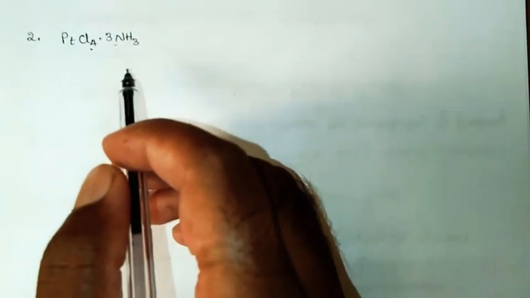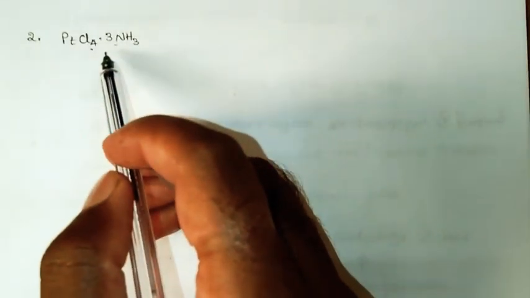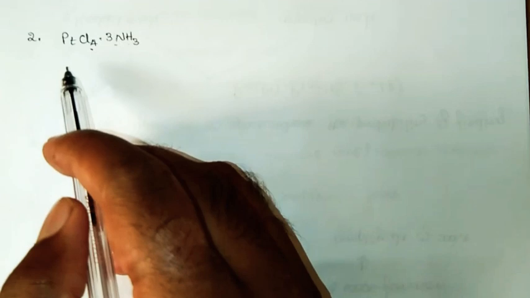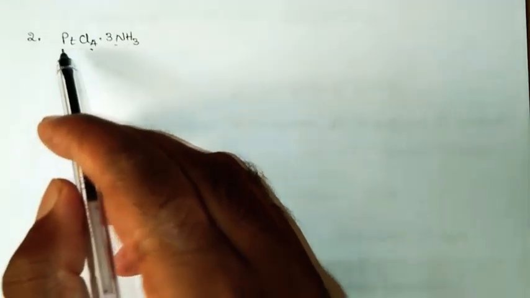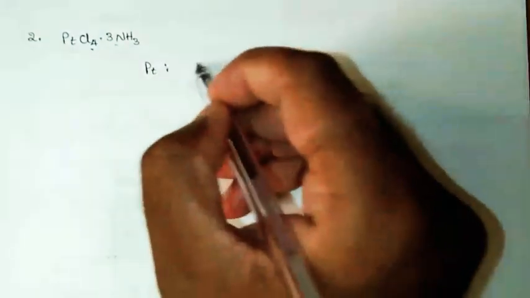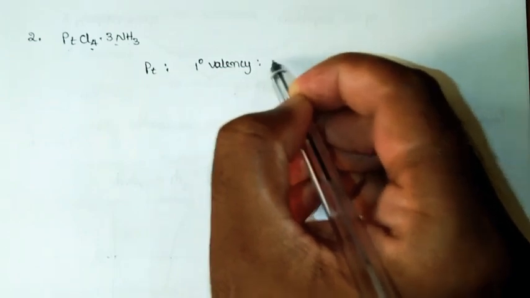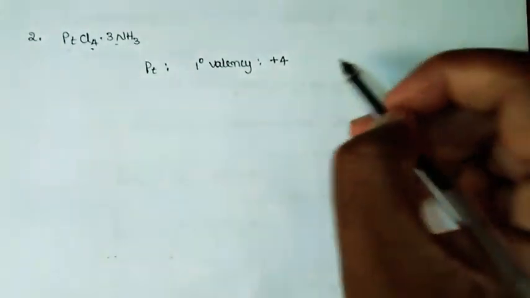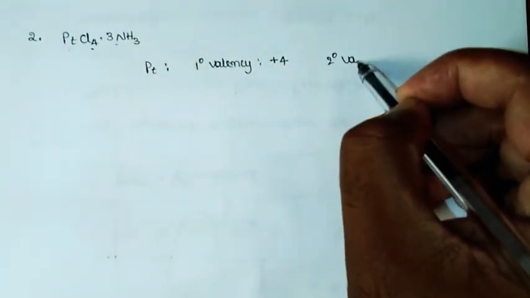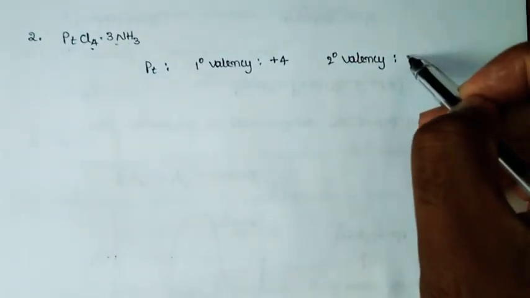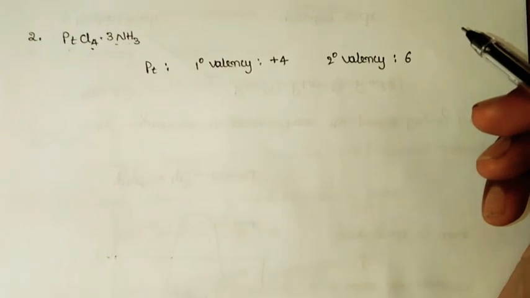Now, in order to develop the exact molecular formula of this complex compound, we should know the exact primary and secondary valency of the central metal ion platinum. For platinum, the primary valency is +4, that is 4, and the secondary valency is fixed and equals 6.